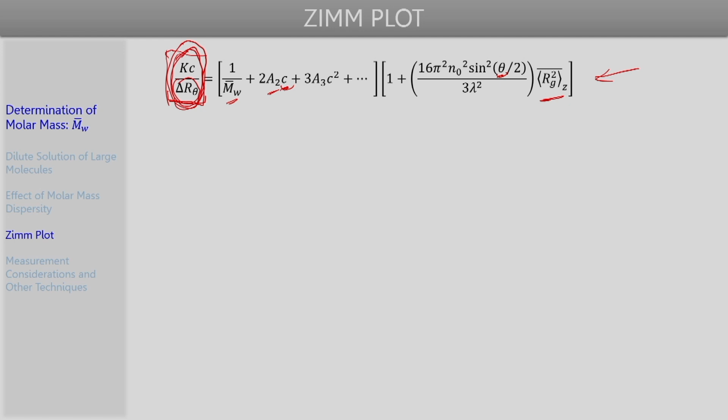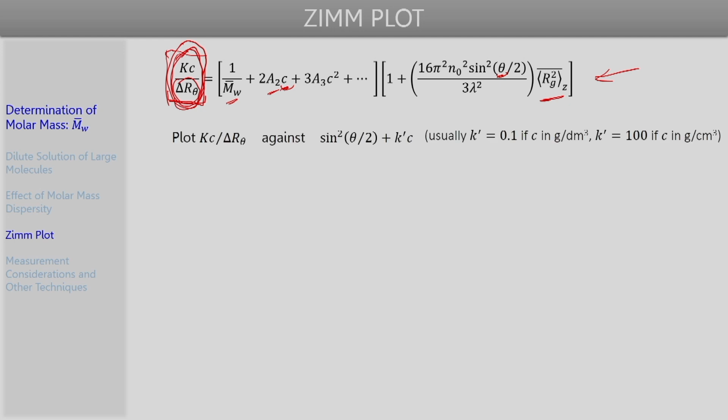To construct this Zimm plot, Kc over delta R theta is plotted against a composite quantity sin square theta by 2 plus k prime c. This composite quantity contains both theta as well as concentration c, and k prime is just an arbitrary constant that does not have a physical significance as such. It should be chosen such that when the plot is constructed, the data points are sufficiently well separated.